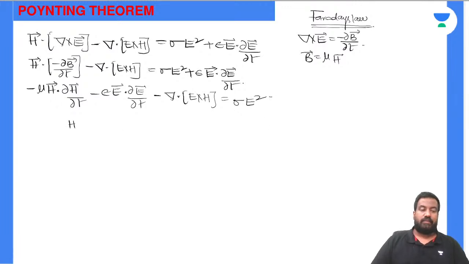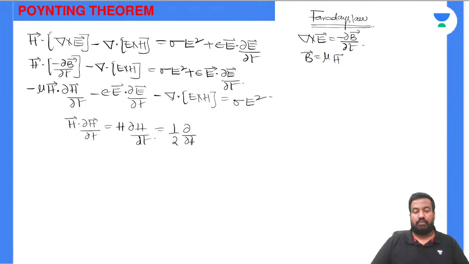Solving this, H dot dou H by dou T can be written as H into dou H by dou T, which can be written as 1 by 2 dou by dou T of H square.